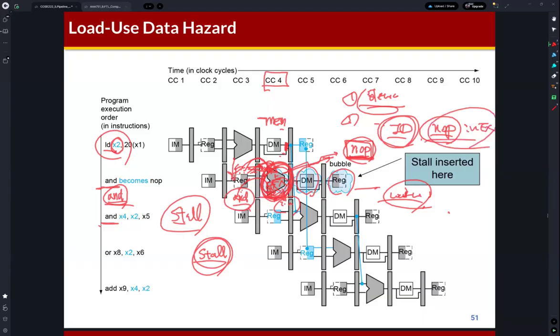Do you understand? This is the pipeline stall. The pipeline stall is implemented like this.